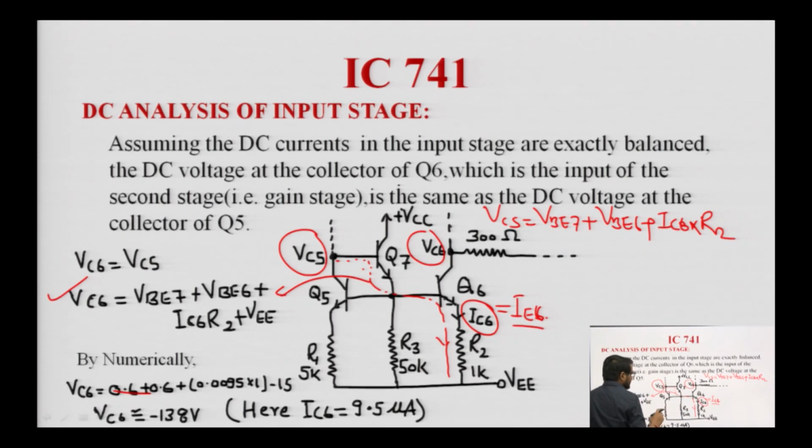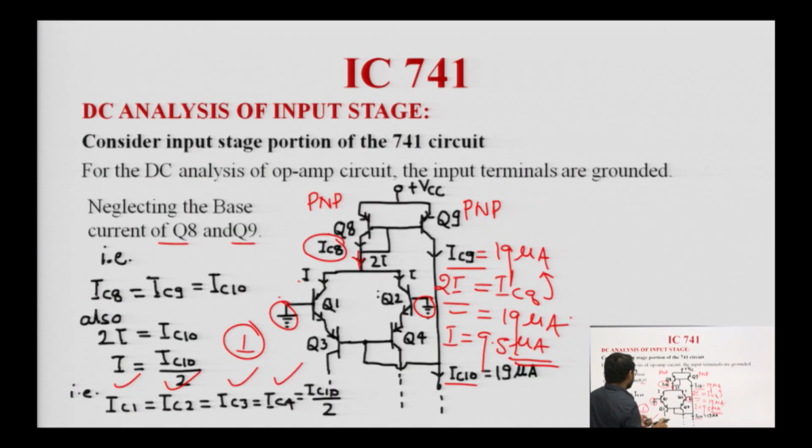What is IC6? If you see the previous slide, IC4 equals IC10 by 2, and we calculated 9.5 microampere, and the same current will flow through IC6. Okay. So, IC6 is also equal to 9.5 microampere.